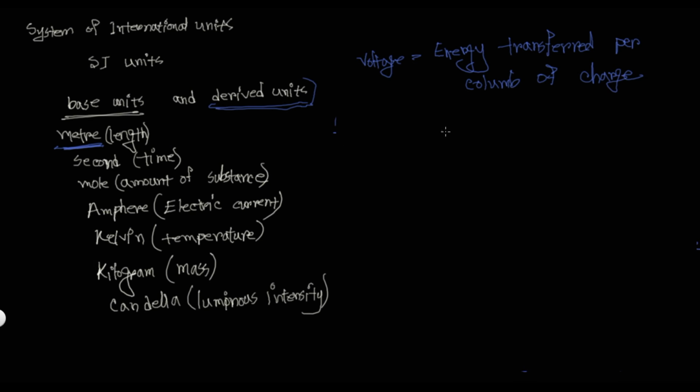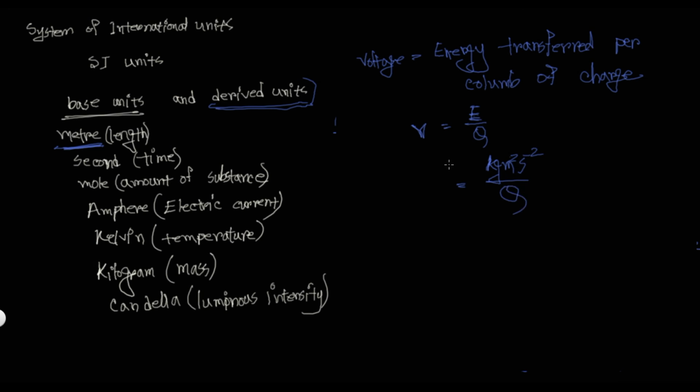So this can be written as V equals E over Q, where Q represents the coulomb, E represents the energy, and V represents the voltage. Since we already know the SI base units for energy from the earlier calculation, that is kg meter squared per second squared for joules, and Q.